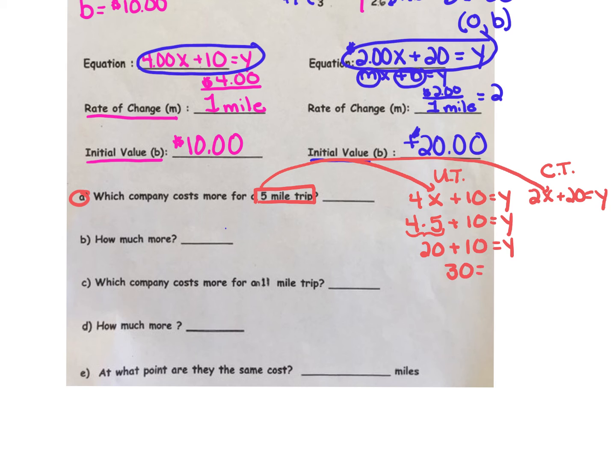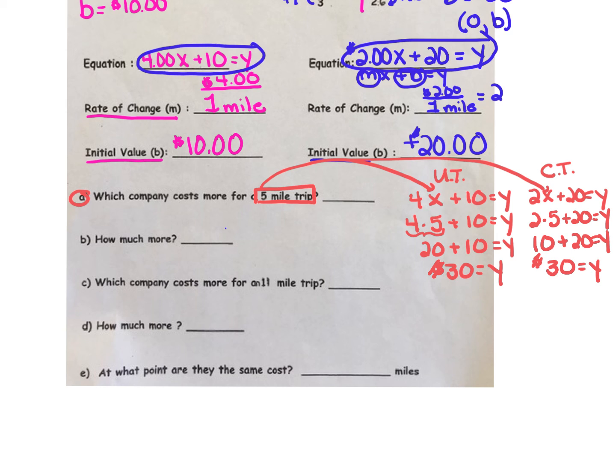If we were to travel 5 miles, we would owe Uptown $30. Now let's try Crosstown. If we travel 5 miles plus have to give them their $20 initial fee, well, we'd owe them 10 plus the 20. So at this point, we would be at $30 as well.